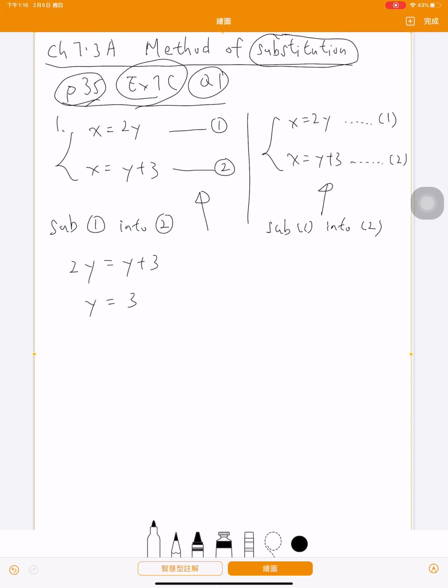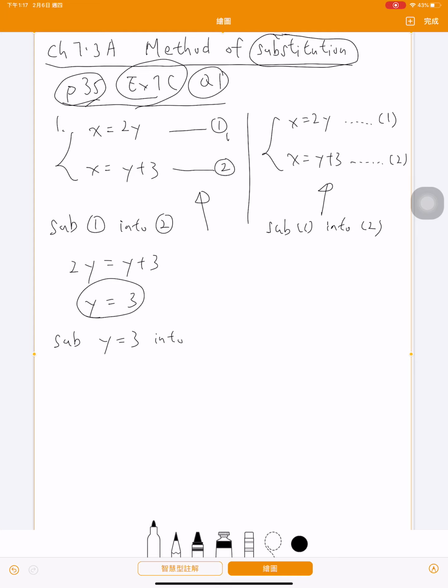Okay, and then we want to find the x after that. So we want to sub this answer into any one of the equations, right? If you do not give it a name, for example equation 3, you can simply write down sub y is equal to 3 into, again, any one of the equations.